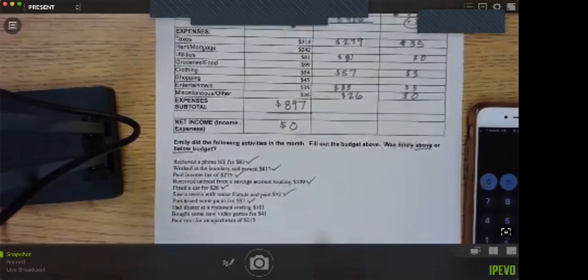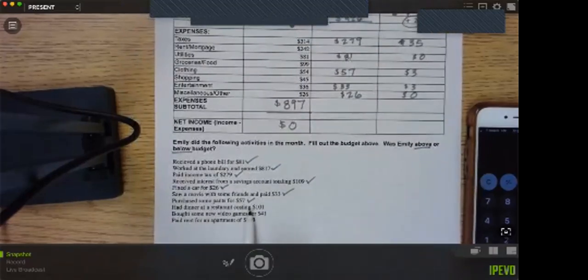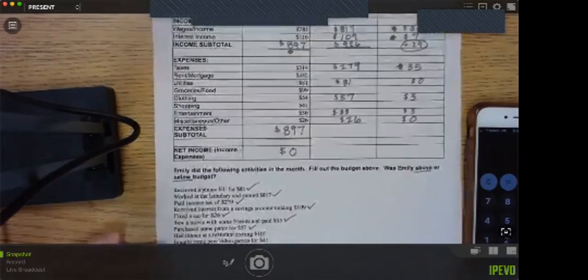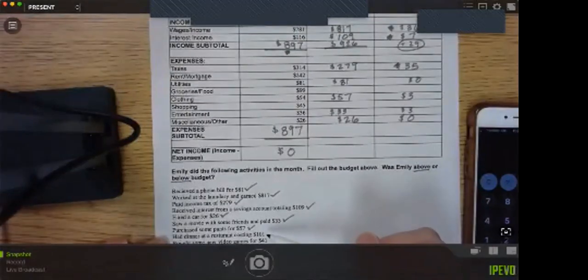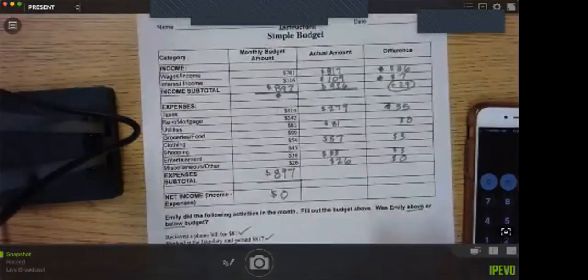So there's 3 things left. Dinner at a restaurant, video games, and rent. So the next one had dinner at a restaurant costing $101. She must have got steak or paid for her friends or both. So $101.